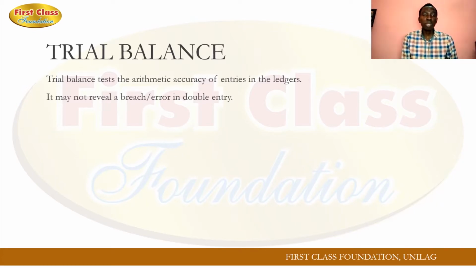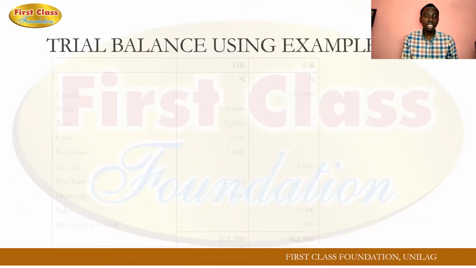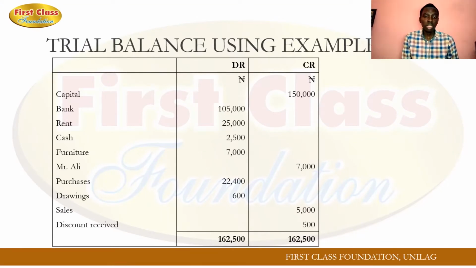So you can perform double entry incorrectly and still have trial balance totals being the same. What we are doing is to transfer the balances in the ledgers to the corresponding side of the trial balance. Based on the example we treated, this would be our trial balance.